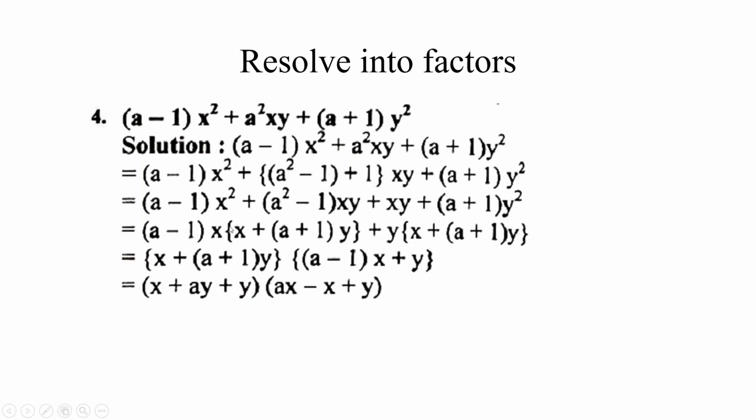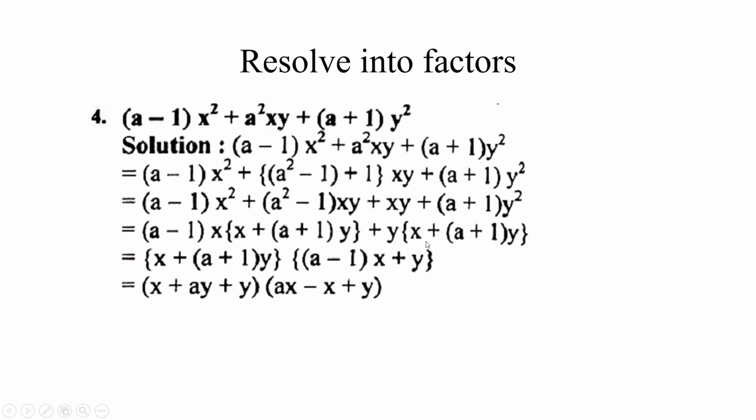So the term will be (a minus 1) into x from this portion x, and from this portion (a minus 1) into x is common, so you will get (a plus 1) into y. Also take a common part y from this marked portion, you will get (x plus a plus 1) into y.